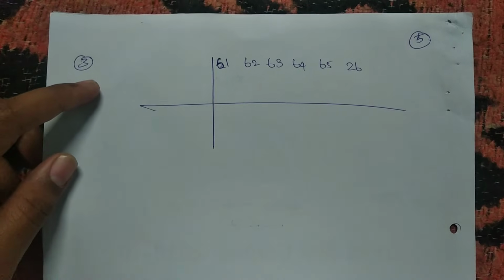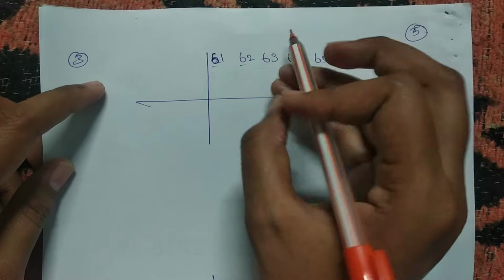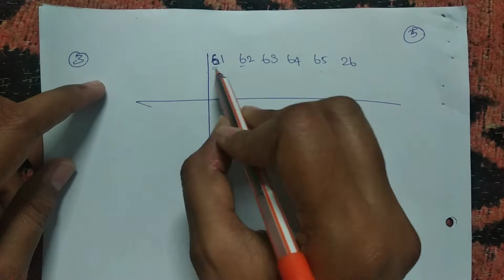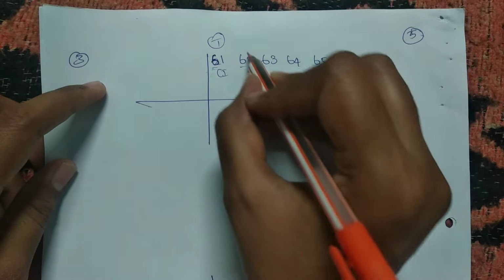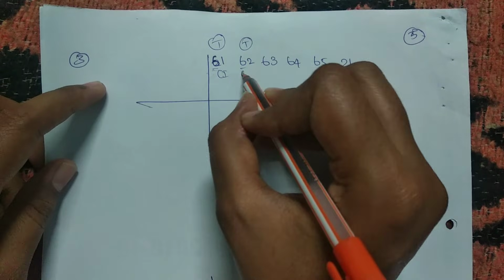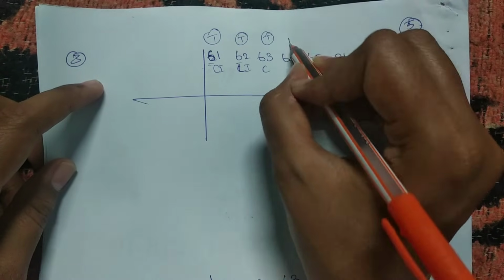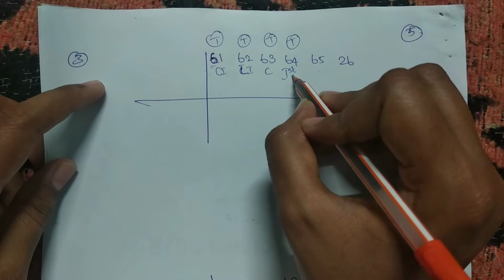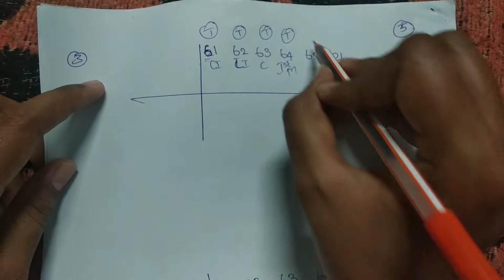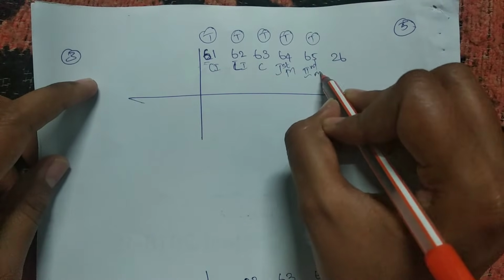Coming to the third question, here this is 6, it means they are temporary teeth. Temporary central incisor, temporary lateral incisor, temporary canine, temporary first molar. Remember, there won't be any premolar present as a temporary tooth. So temporary second molar.